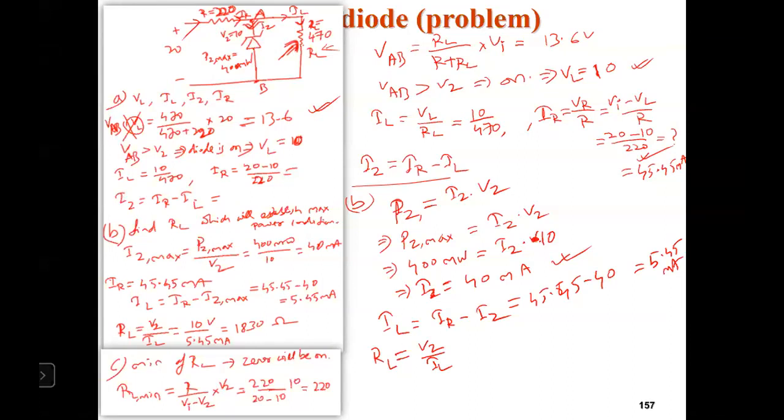During that condition, I found IL equal to 5.45 milliampere. So RL is VZ by IL, which is 10 by 5.45 milliamp, or equal to 1830 ohm. Is it clear?